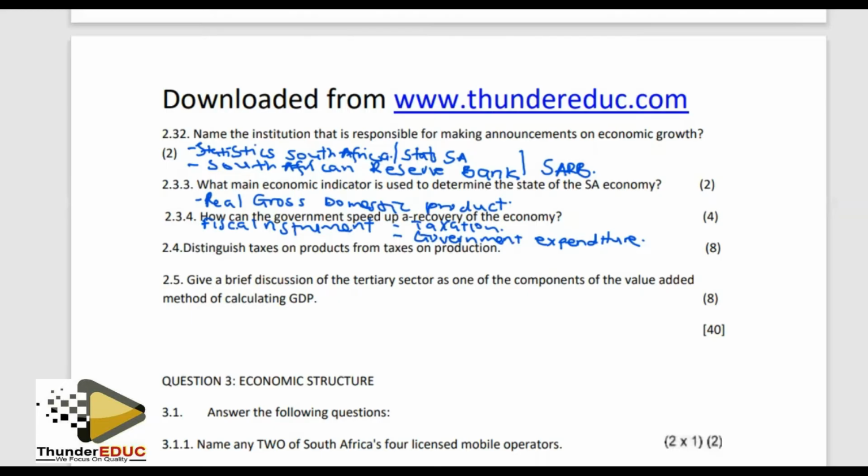So distinguish taxes on a product and taxes on production. Okay, taxes on a product.